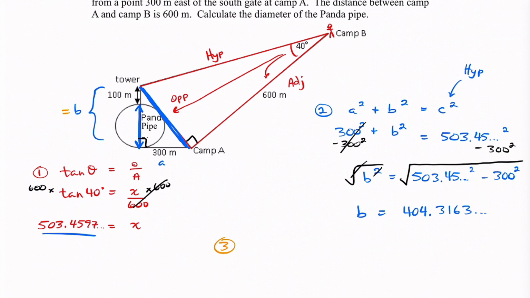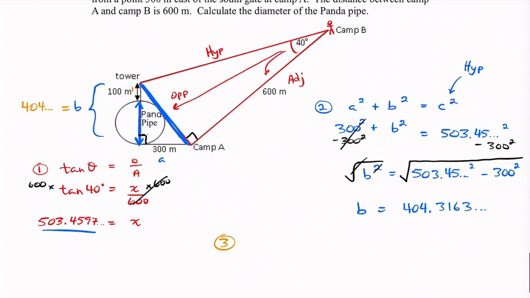Now I know that this b over here is about that 404 number. That is this whole distance. If I take away this 100 meter distance, that would give me the rest of this, which is what I want. So the pipe diameter is going to be that 404 number, and I'm just going to subtract off the 100.